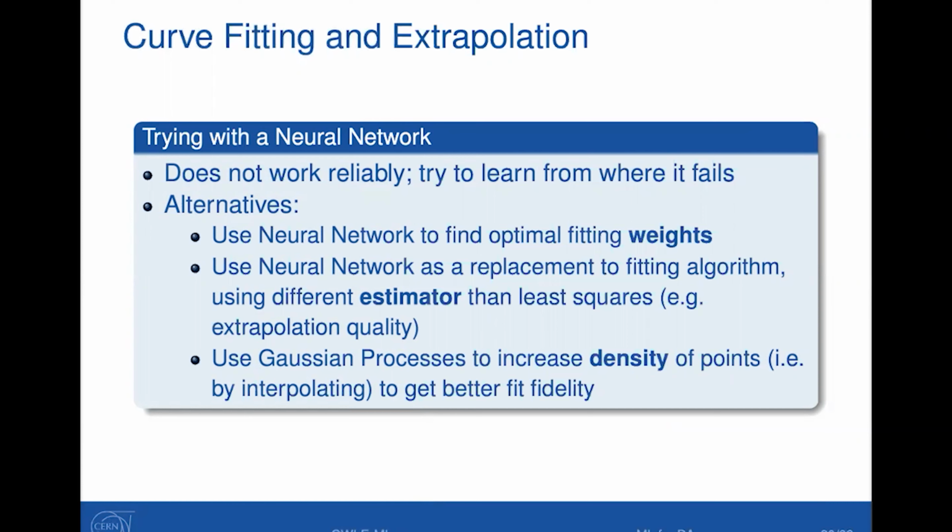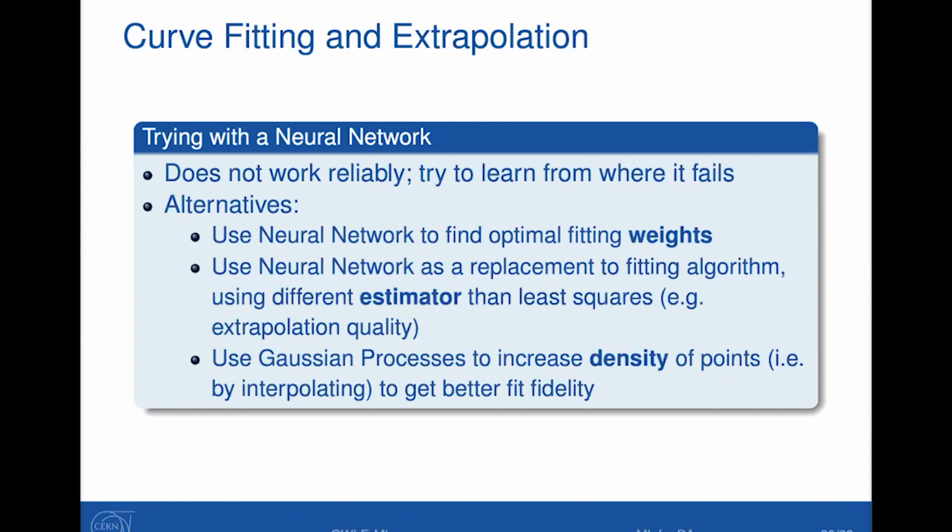Another thing that could be done is to use a neural network as a replacement for the fitting algorithm. Before, it was trained on the data itself and then expanding the data, as is typical for a recurrent neural network. Here, the idea would be to train based on several sets of studies where the input would be one study, let's say the points up to some value, and the output would then be the extrapolation values.